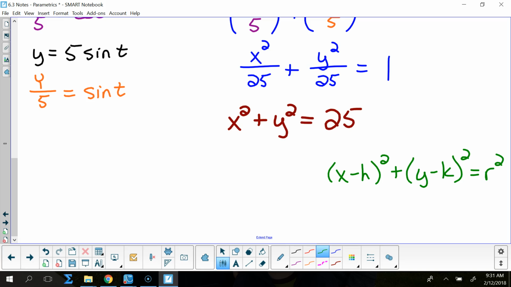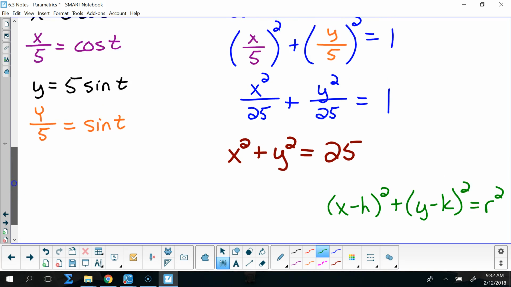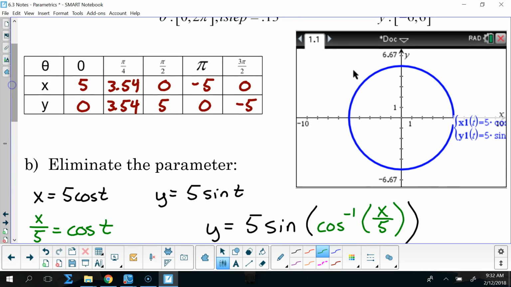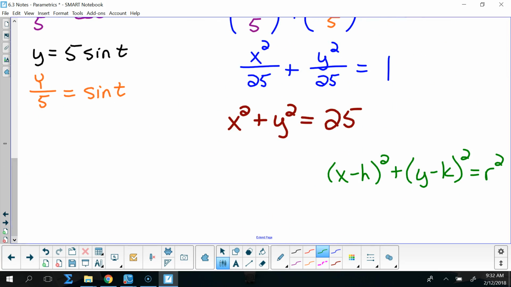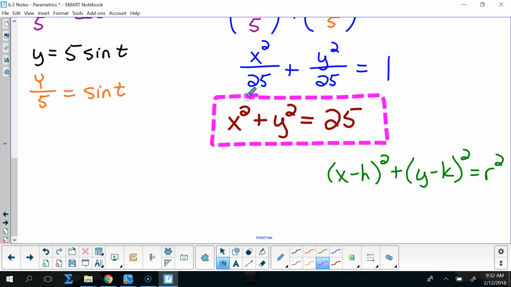If you go back and look at your graph, it's a circle centered at the origin with radius of 5. So down here in the algebraic form, this is a circle centered at the origin because there's no h and there's no k. Those are 0, with a radius of 5. 25 is 5 squared. Okay?